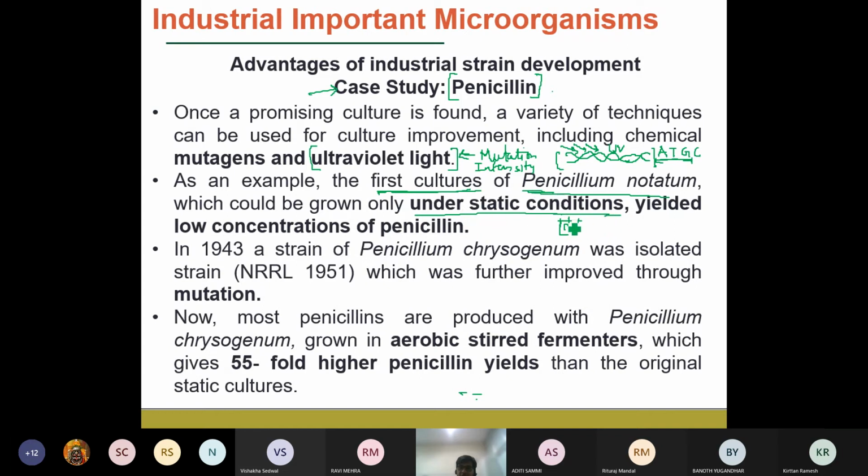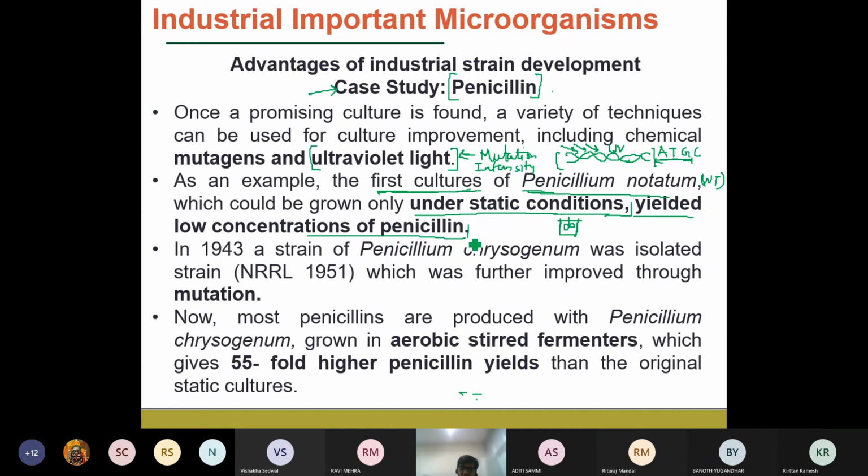Under such mixing conditions and stresses, what would happen? The wild strain Penicillium notatum would die because it would not be able to withstand the forces generated by the agitator or the impeller in the bioreactors. Another thing that happened was it yielded low concentrations of the penicillin.